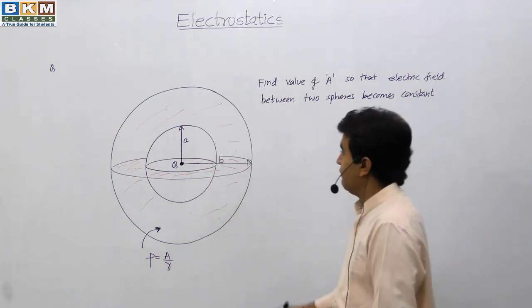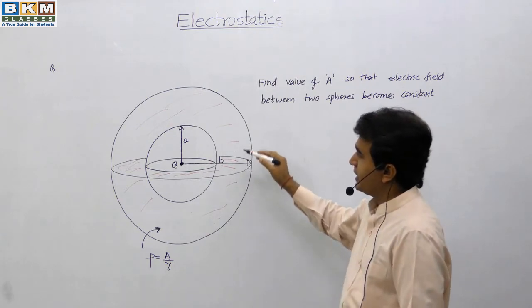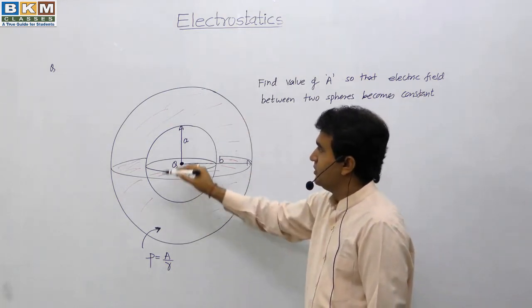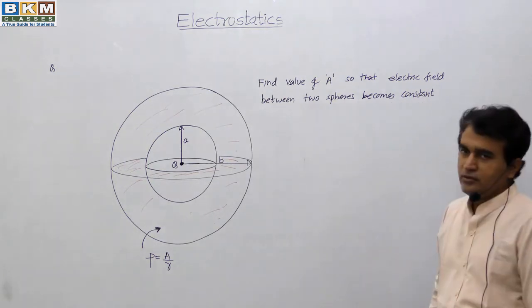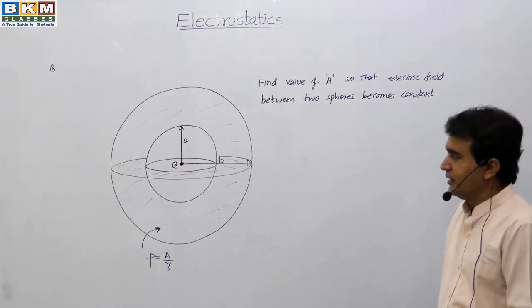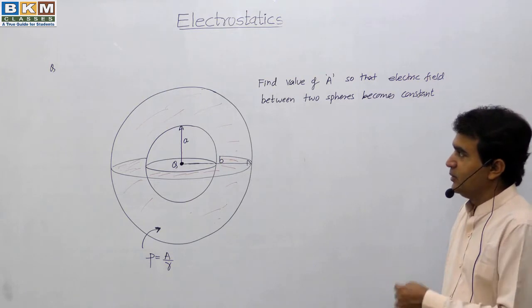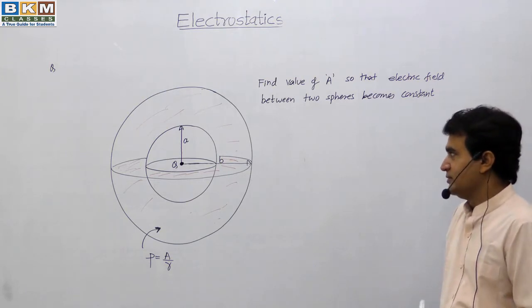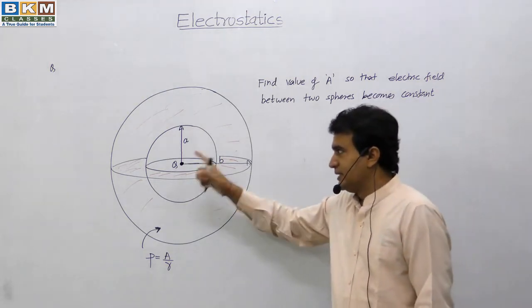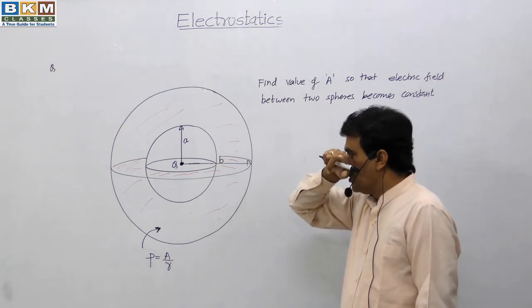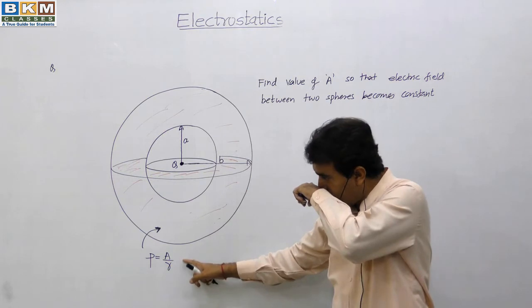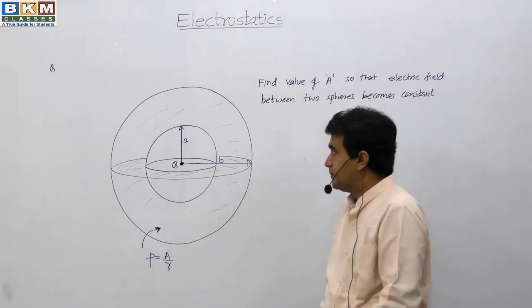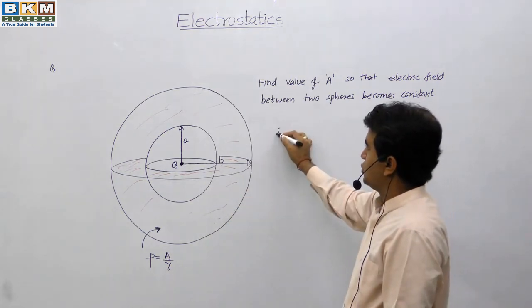We have to find the value of A so that the electric field in the region between the two spheres becomes constant. There is a point charge kept at the center and charge varies with this formula A by r between the two spheres. So let us see the solution of this.